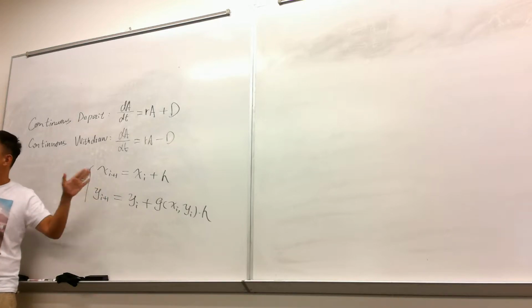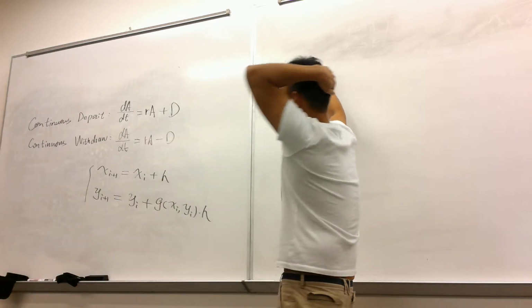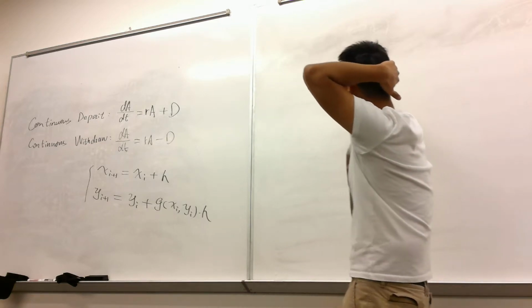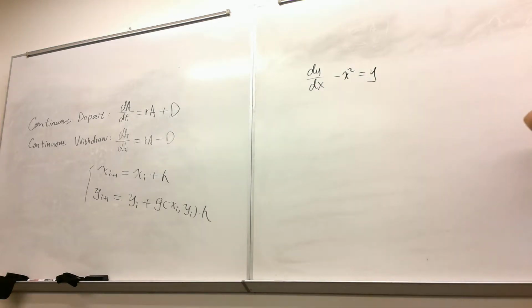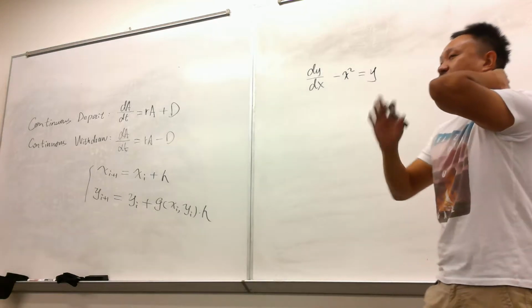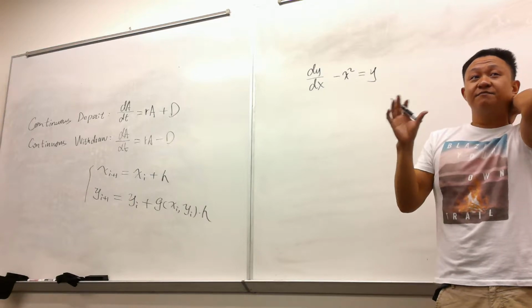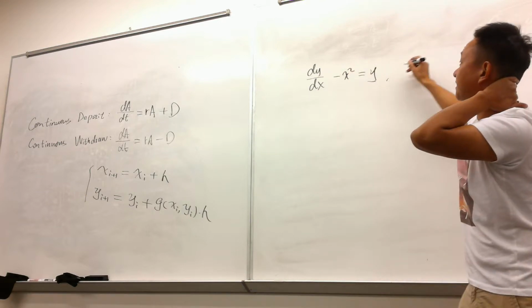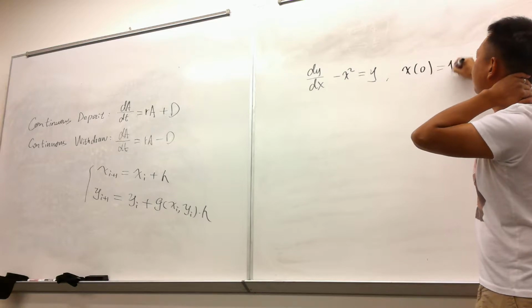Okay, so let's do an exercise about that. So guys, here's the exercise. Let's say we have a differential equation that is dy over dx equals, let me see, minus x squared, okay? Let's say this is the differential equation. And then use Euler's method to approximate the solution of this differential equation with the initial condition x0 equals to what?